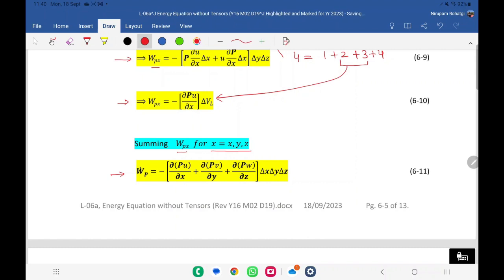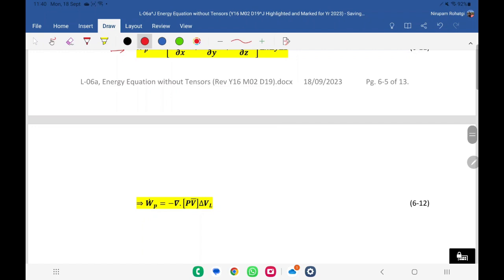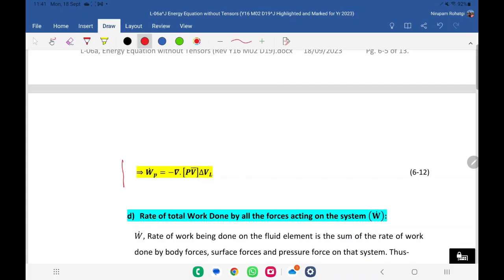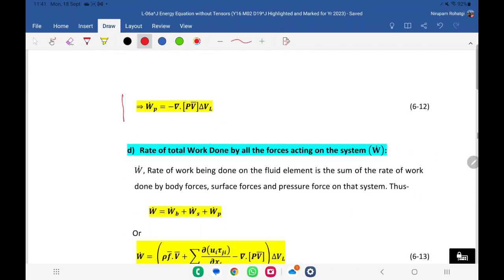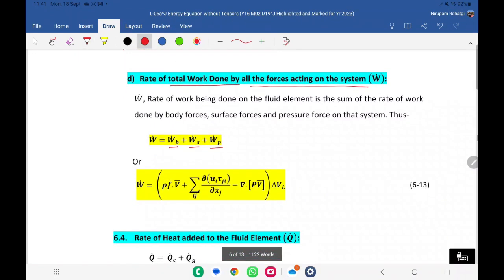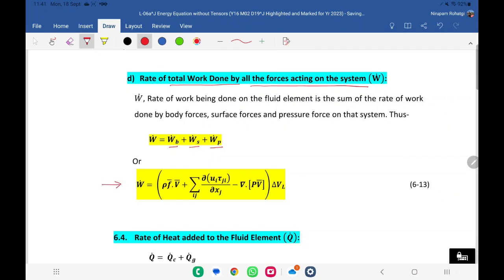Okay, so this is the work done by the pressure forces, and it can be written conveniently in the form of gradient, divergence of P into V. Okay, now then, so what have we found out? We have found out work done by body forces, work done by surface forces, work done by pressure forces, and we are finding the total work done by all the forces acting on the system. You sum it up, you get this equation. Okay.